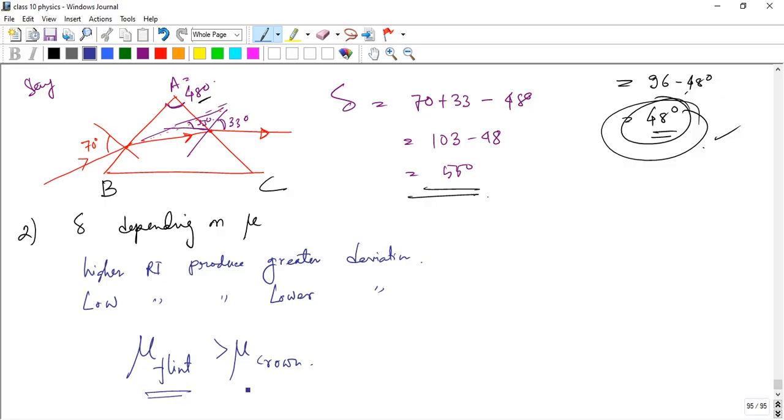If higher mu produces higher deviation, then delta of flint glass is greater than delta of crown. But both have the same angle A. If both glasses have the same angle of prism, delta is still different because their refractive index or material is different.